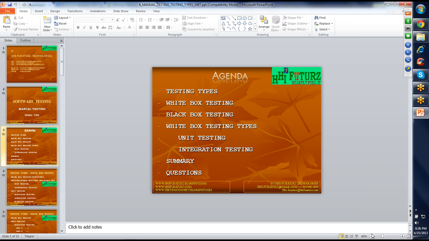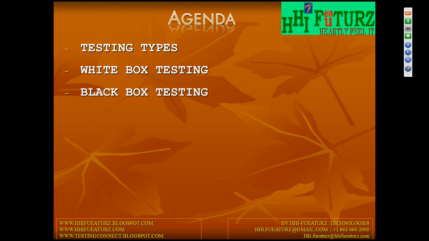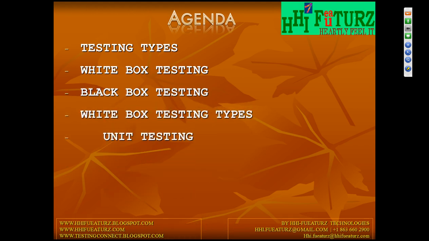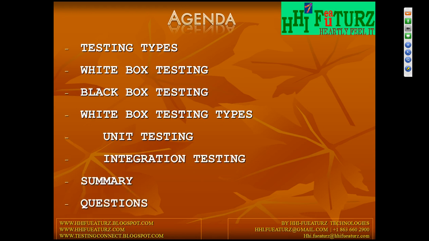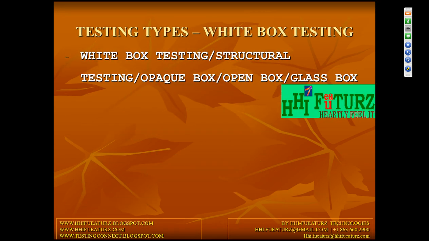In your manual testing front, at a very high level, you will come up with two types of testing: white box testing and black box testing. We go one by one. White box testing. Under white box testing, again you will come up with subtypes. Whatever is possible for today, that is what we'll try to see. So, white box testing.